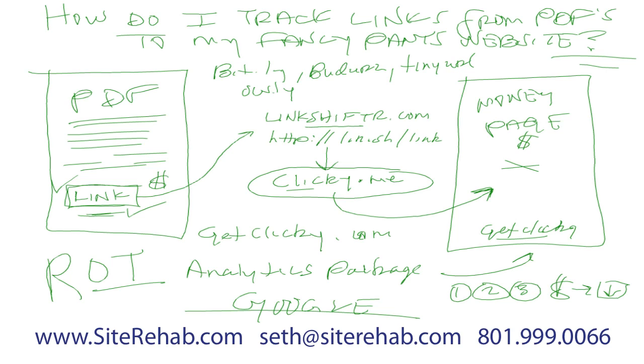It's awesome stuff. And so this is how I track my links in PDFs, and now my clients will be doing it this way. And I guarantee you, your efforts will be well worth it. It takes an extra 2 minutes to do this, but it shows you all kinds of data to be able to prove ROI. Extremely important.